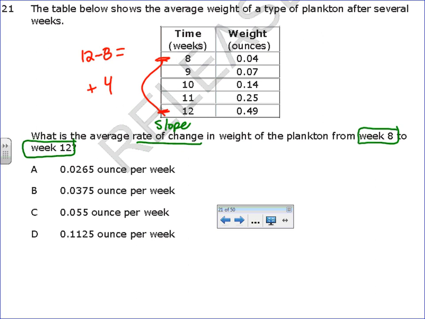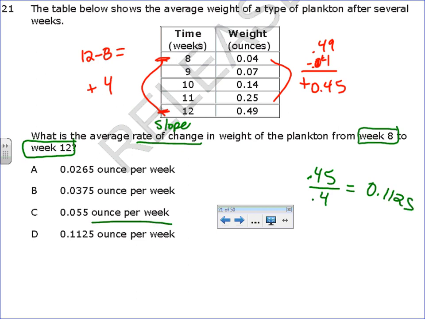And then I need to take 0.49 and subtract 0.04, okay, which gives you 0.45, okay, so that's what's happening on this side. Now, I need to divide those, so 0.45 divided by 4, and I get 0.1125.